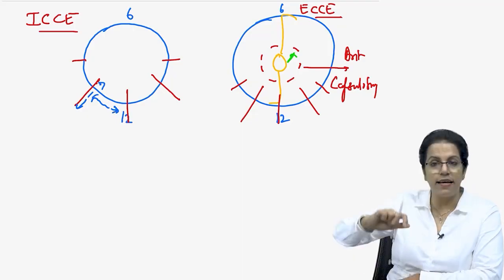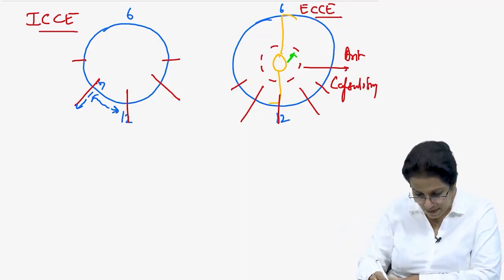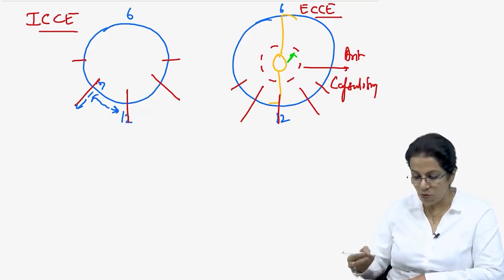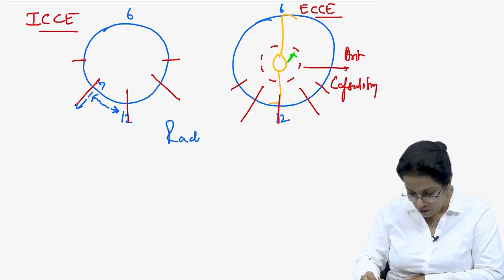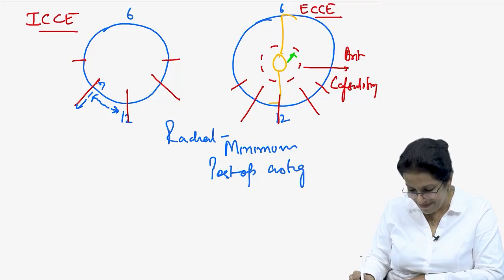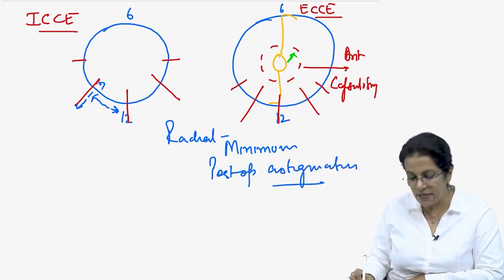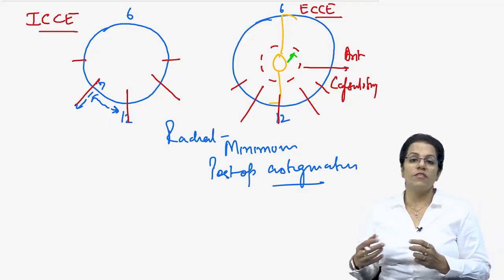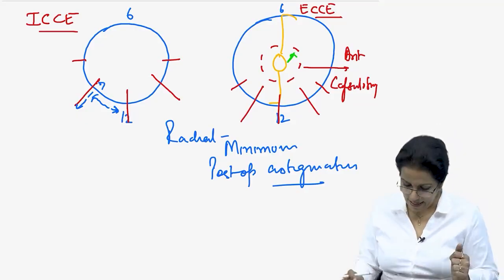What does radial mean? The direction is such that when you draw an imaginary line, it passes through the center of the pupil. Why radial? For minimum post-operative astigmatism. This is the way we can minimize it if I am talking about a surgery with sutures. I hope it is clear.